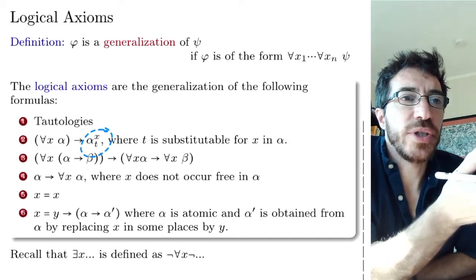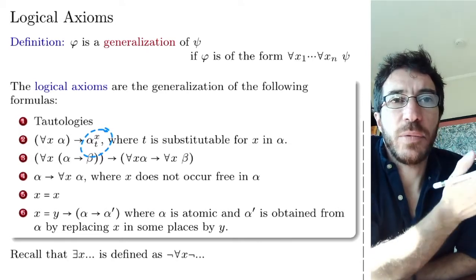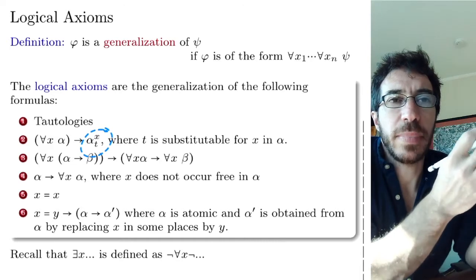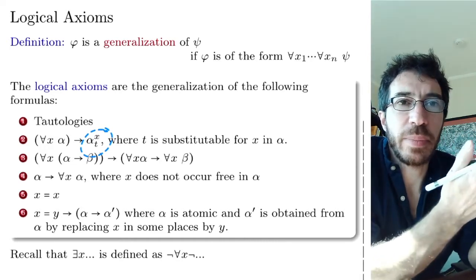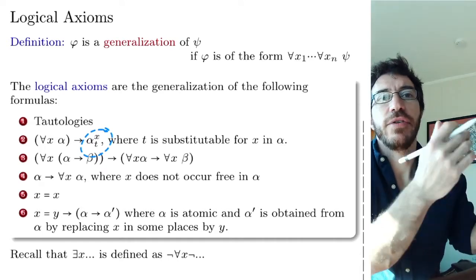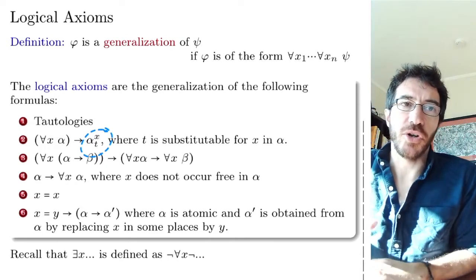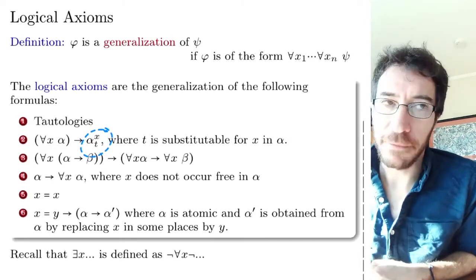So you can only use t's that are substitutable for x, but then what you can do instead is, inside alpha, that variable y that was bounded, you can just change it for another variable that doesn't show up in t. It's a bounded variable, so if you change it everywhere, you don't change anything. So that allows you to do substitution by changing a few variables.